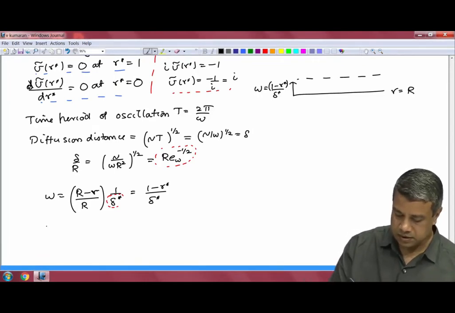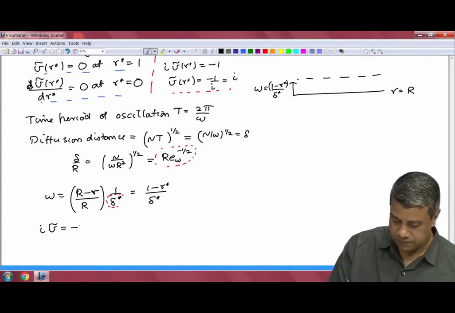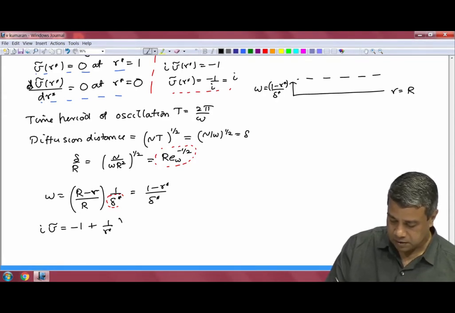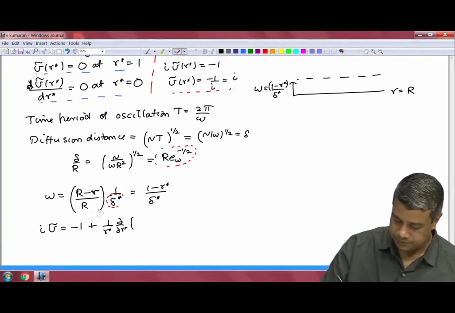Recall that my original equation was I v tilde is equal to minus 1 plus 1 by r d by dr of modulus.